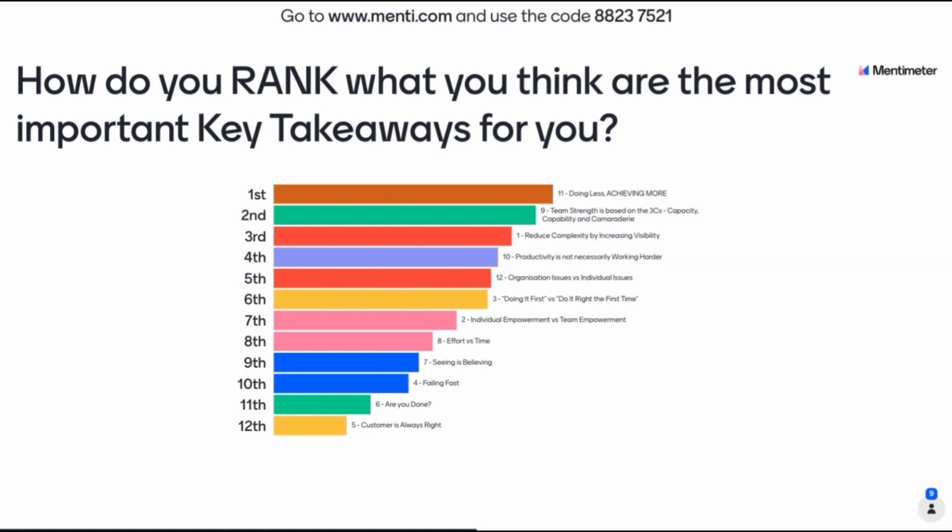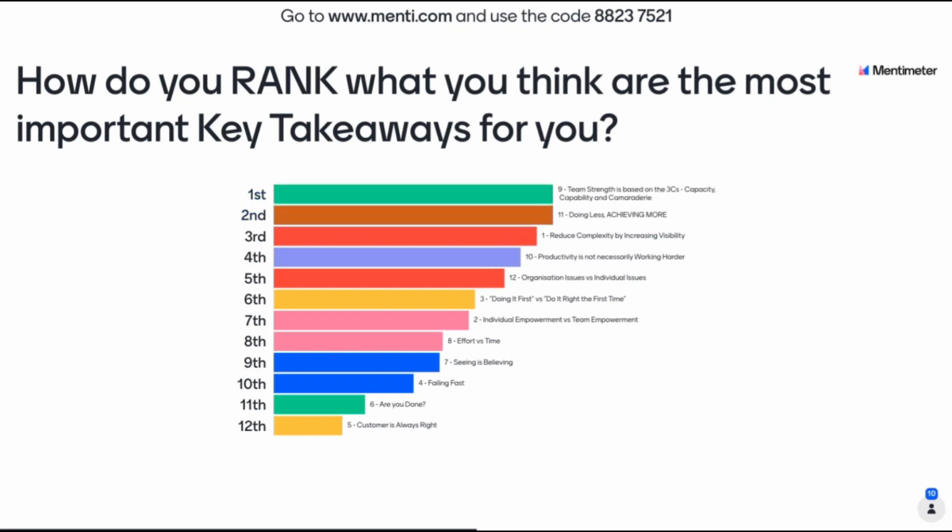Okay, doing less, achieving more. And just for your information, the company that I have set up, Agile Consultancy, this is our slogan. Doing less, achieving more. All right, so 9 of you have completed. Any more to go? Okay, 10.